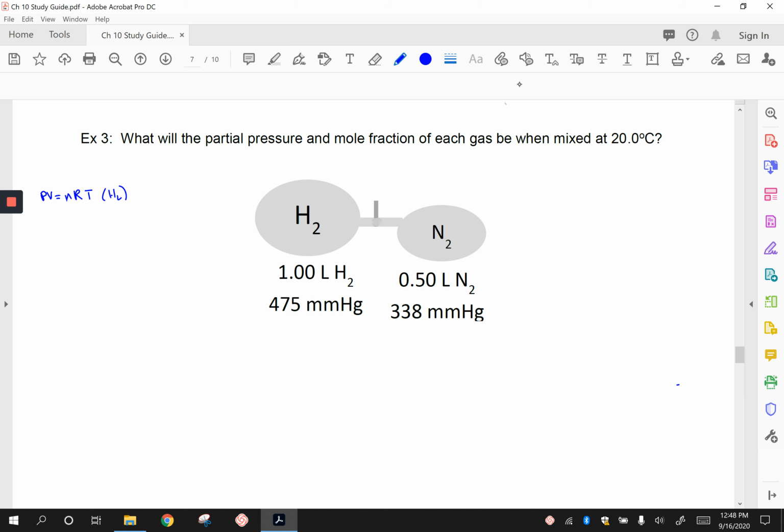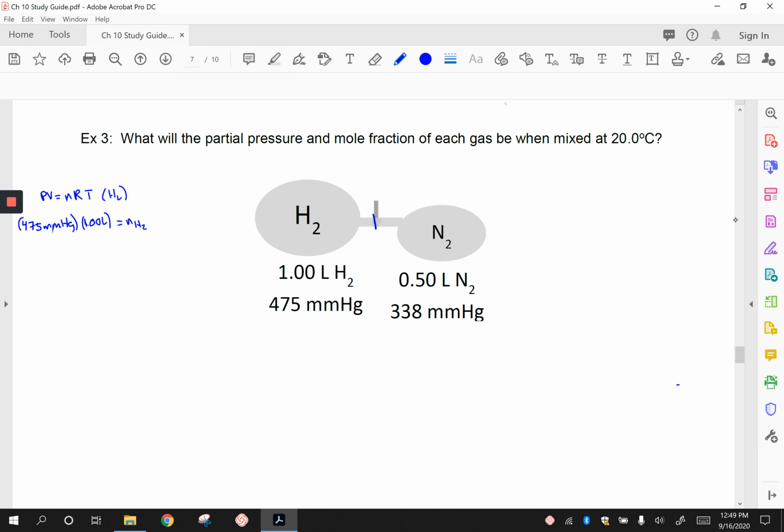The moles are not going to change whether they're mixed or not, right? If I get the moles of the hydrogen just by itself when it was closed off, it's going to still be the same as the moles when they're mixed. So I'm going to say 475 millimeters of mercury. The volume is 1 liter. Again, this is just when they're closed off.